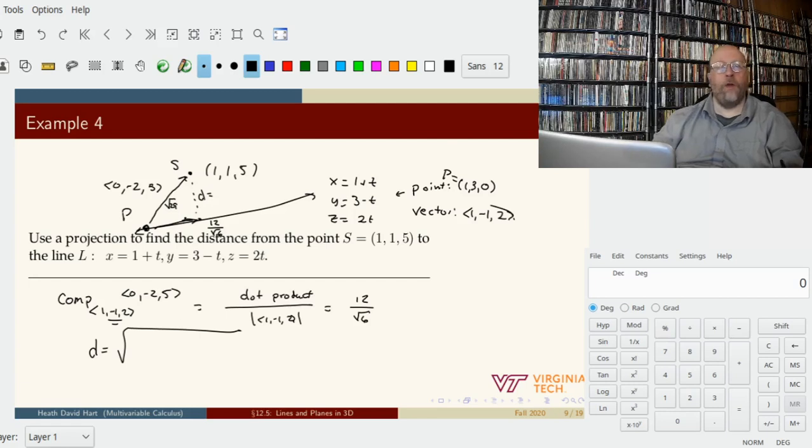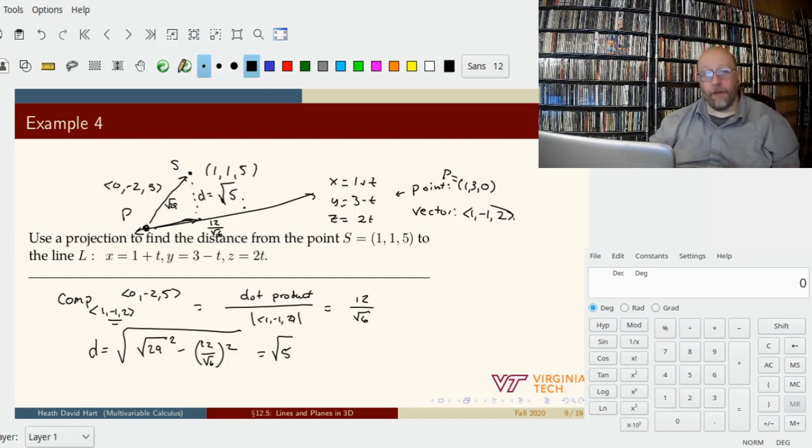We add when we are adding legs. This is the hypotenuse. It's the square root of 29 squared minus one of the legs, minus 12 over the square root of 6 squared. There we go. That's better. And when we calculate that out, this turns out to be the square root of 5. Okay? Sorry about that.